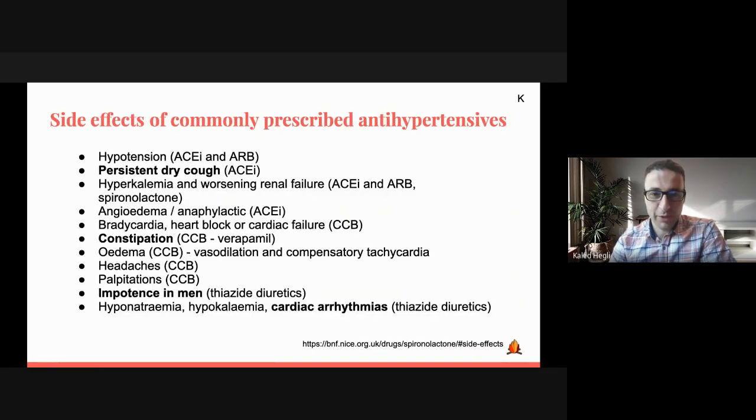But obviously, when the body gets blocked in some direction, it tends to react in some other place. We highlighted persistent dry cough, one of my favorites when I used to work as a pharmacist. Why? Because, I'm sorry, and I know this is a serious topic, but I used to get patients with hypertension, obviously, in their baggage of medical history, but then a prescription for a dry cough syrup with codeine or something else.